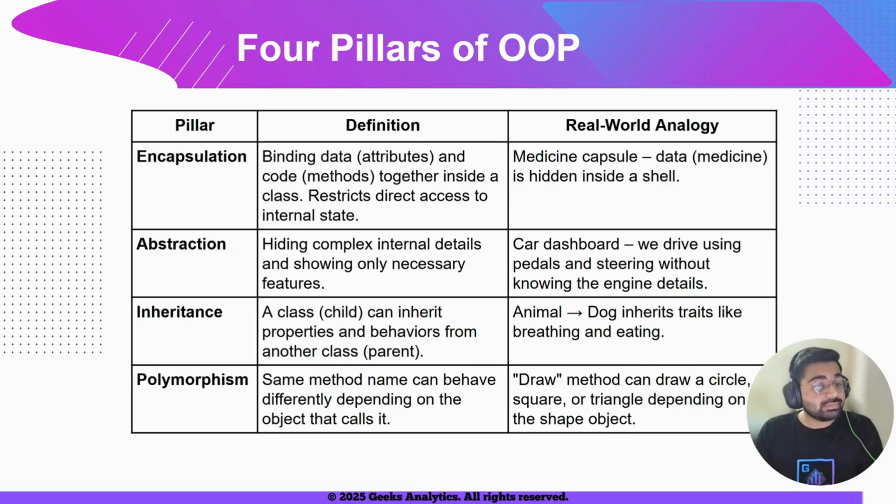Now talking about the four main pillars of object-oriented programming, the fundamental concepts that support how object-oriented programming works in Python or in other languages. The first one we have is encapsulation.